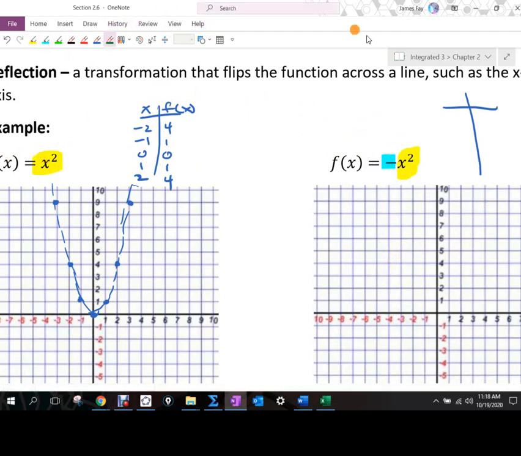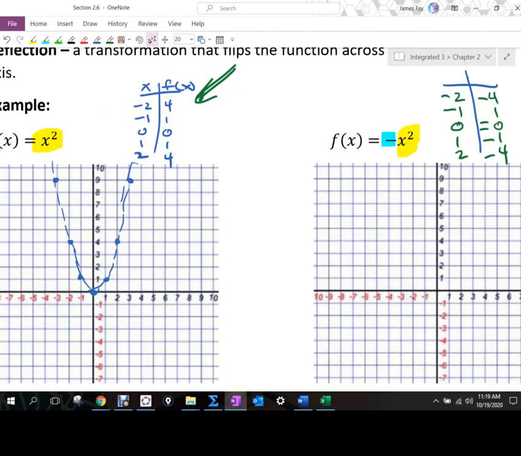So if I go with my x values of -2, -1, 0, 1, and 2, and I square those, I get 4, 1, 0, 1, and 4. So that's the same list as right there. But what should be different? The y value should be the opposite.